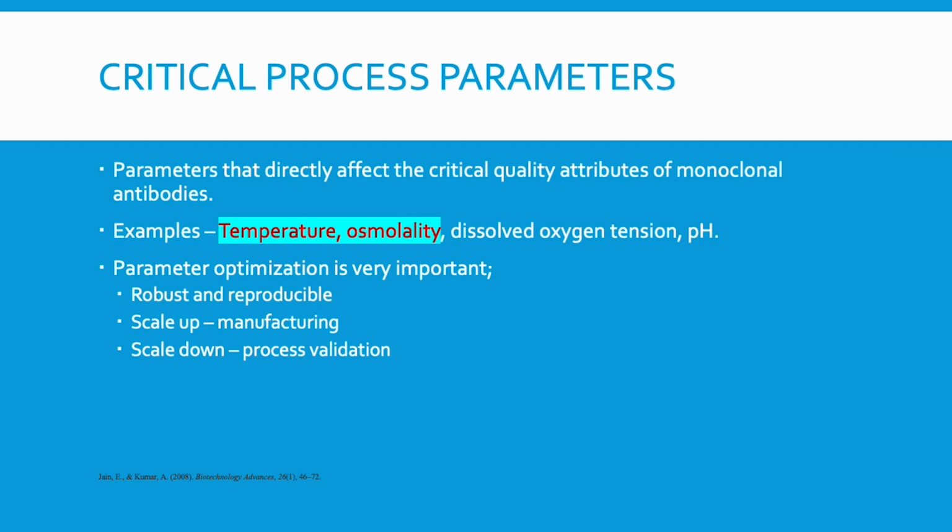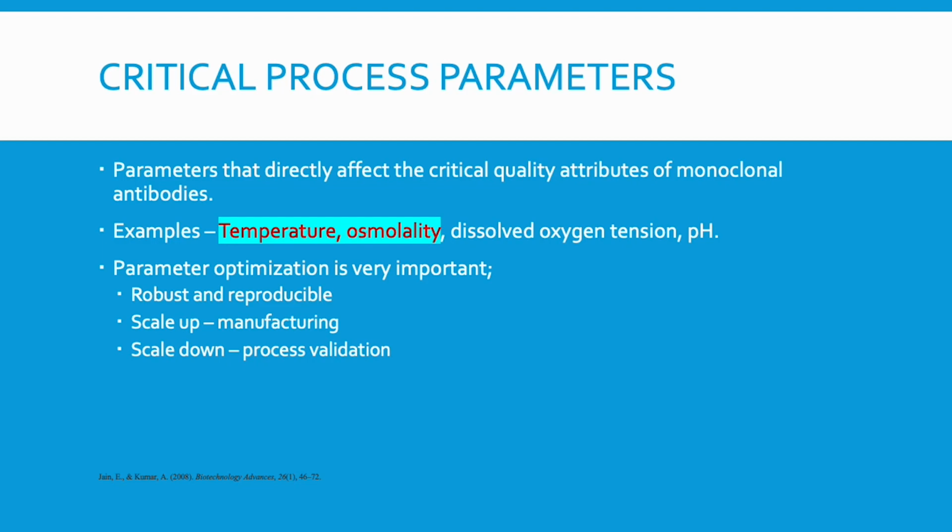There are several parameters involved in the cell culture process. Some of them are identified as critical process parameters. These parameters need to be monitored and maintained within their specification because they can directly impact the critical quality attributes of monoclonal antibodies.